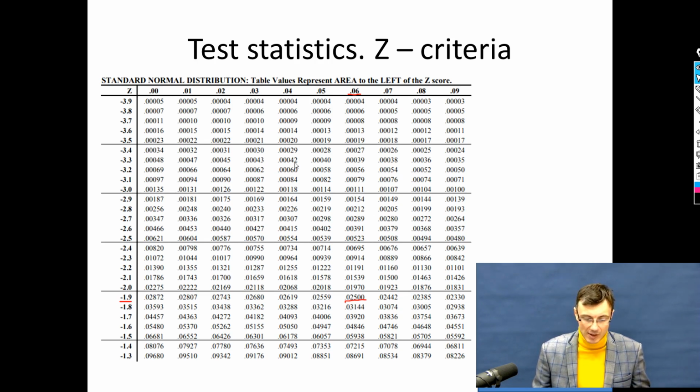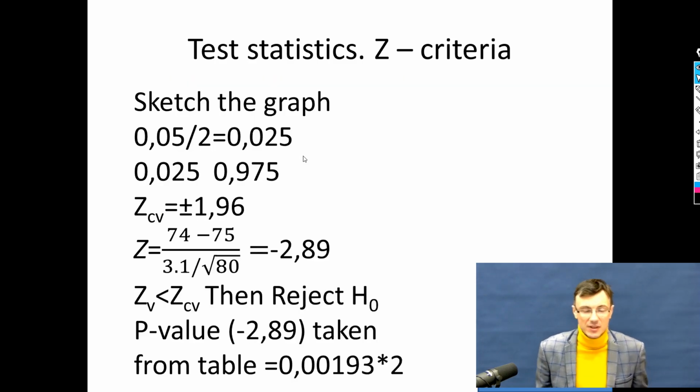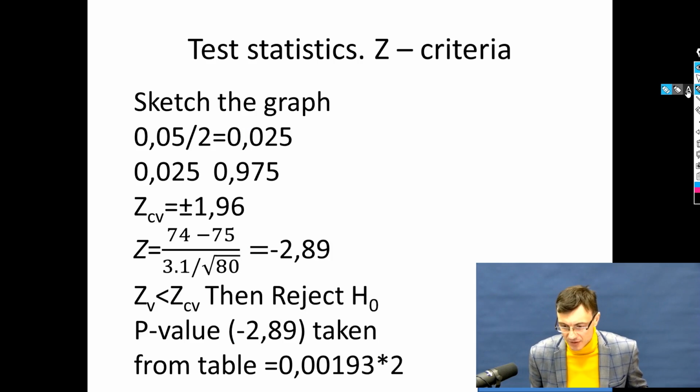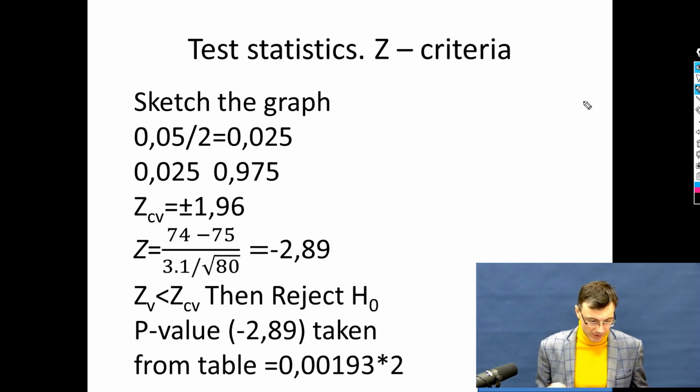Then we have 0.05 divided by 2 because it's a two-tail test, and by these values we have the value of 1.9, and then 0.06 we add, and we have in this Z criterion when we start to sketch the graph, so it will be like that.